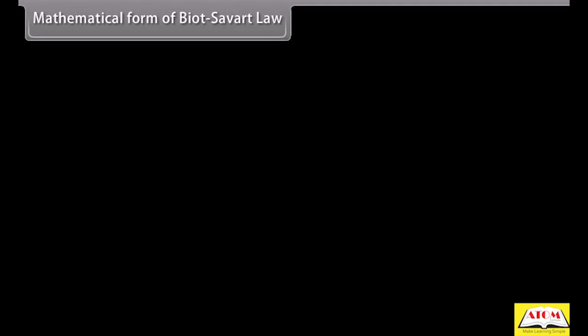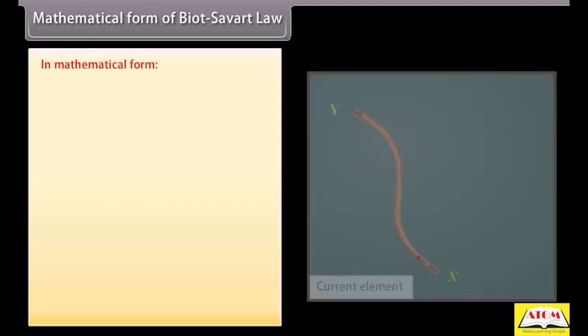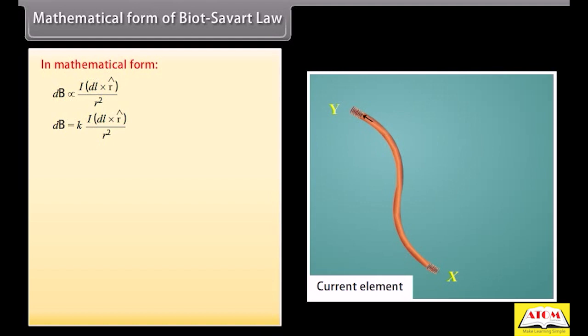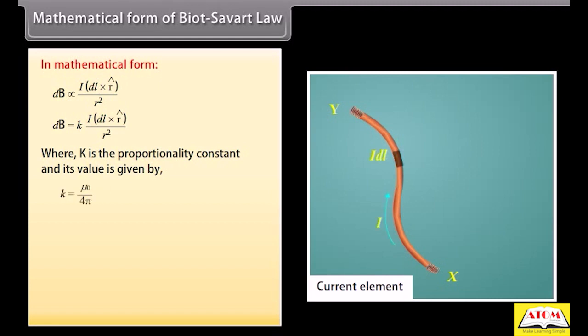Mathematical form of the Biot-Savart law. In mathematical form, dB is equal to K multiplied by I and the cross product of dl and r cap, divided by r square, where K is the proportionality constant and its value is given by mu naught upon 4 pi.